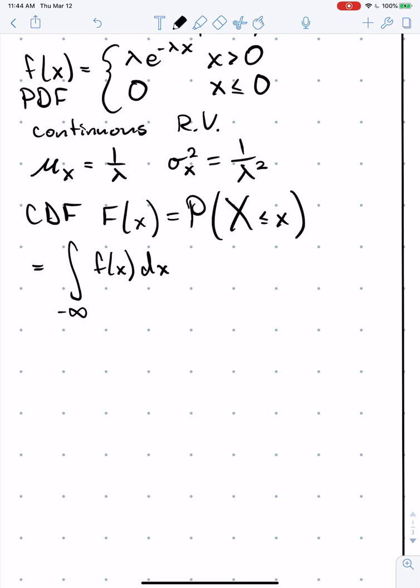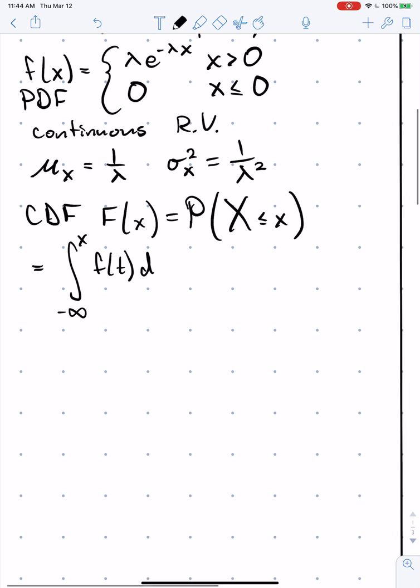And also we need to replace these x's with the dummy variable t, because they're going to be integrated out.